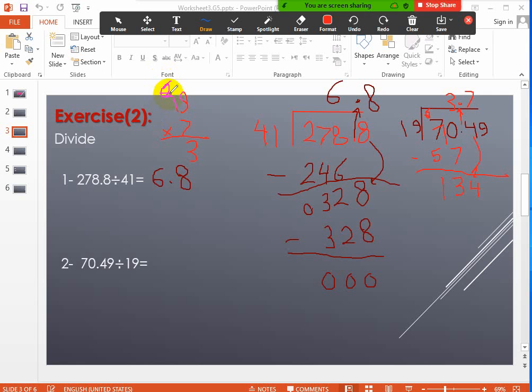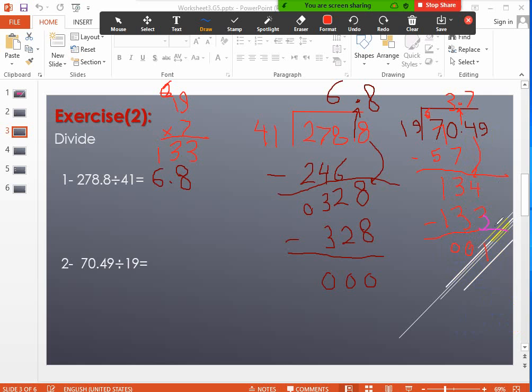Yes, 7 plus 6 equals, no, not 11, equals 13. So the number will be 133. Now if we subtract 4 minus 3, 1. 3 minus 3, very good. Thank you, Noor.